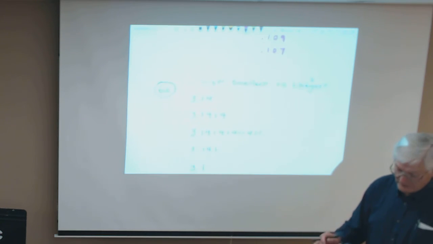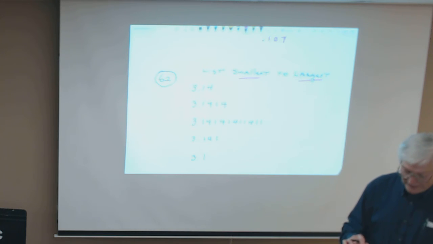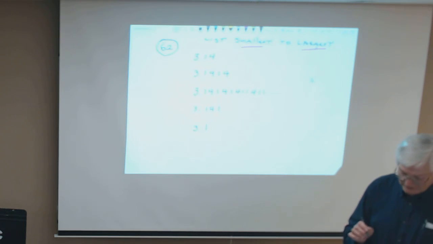Number 62. List these numbers from the smallest to the largest. So how do I compare these? Watch what I do here. I keep adding zeros to make them all the same length. So now I have them all going out 4 places.